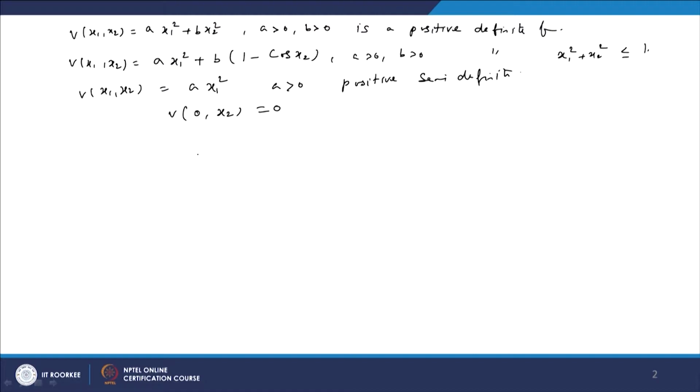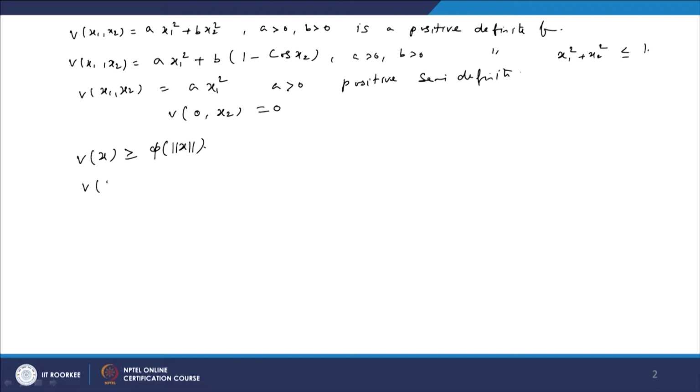We have seen that if v is positive definite, then it should be greater than or equal to phi of norm of x, where phi is a function of class K. So we should show, for all these examples, how to find this phi expression.